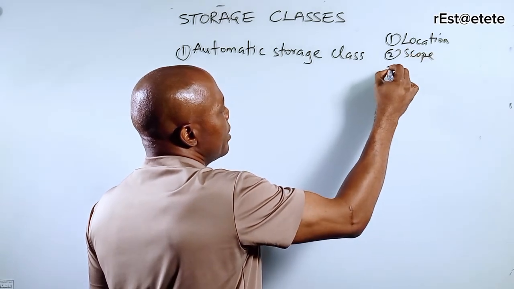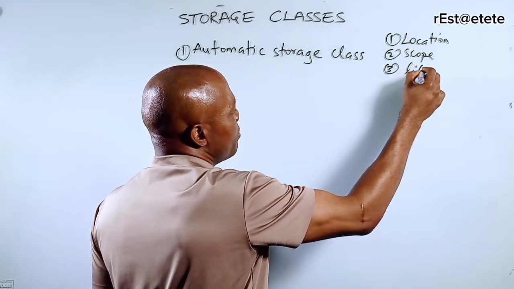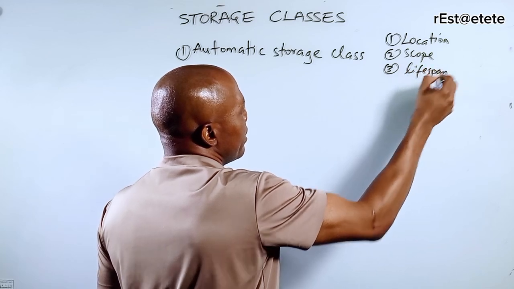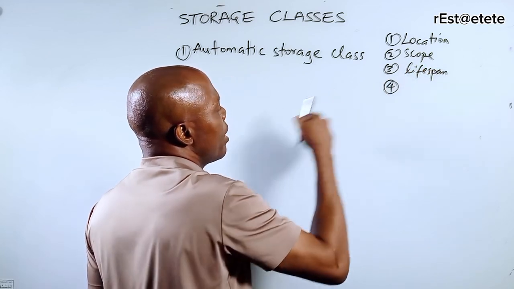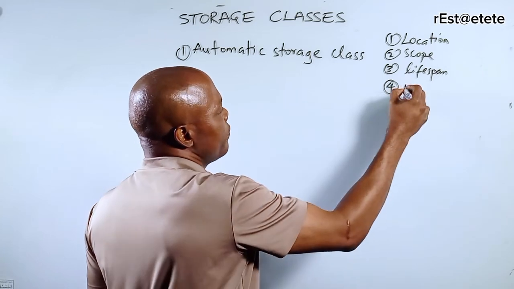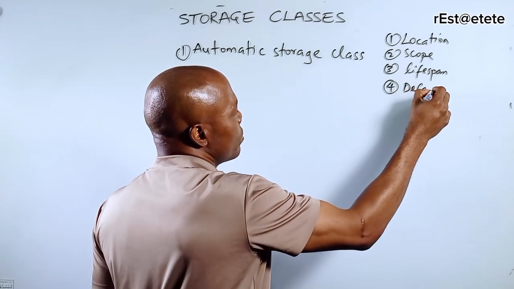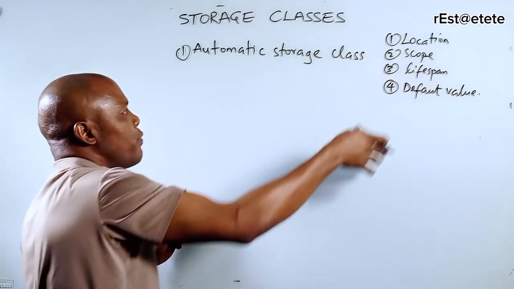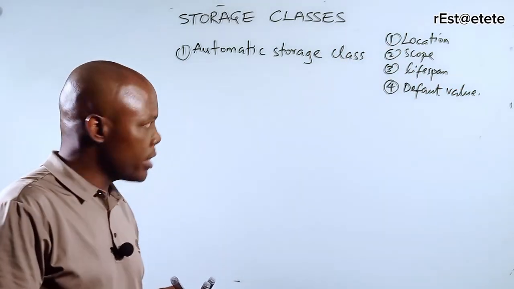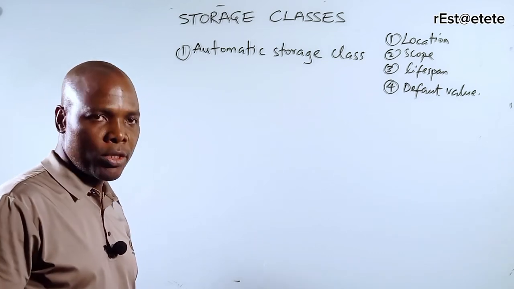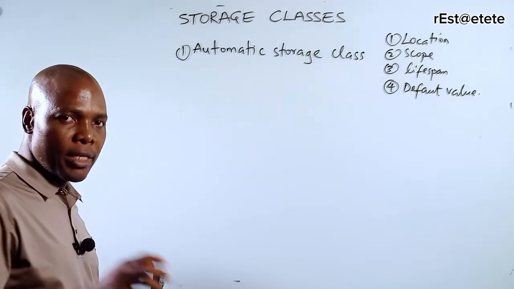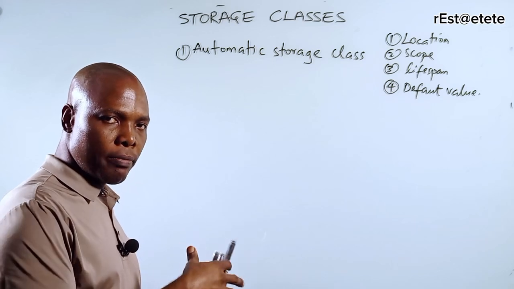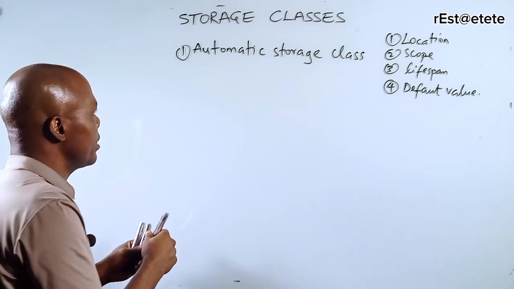Three, we'll look at the lifespan, and then four, we'll look at the default value. So these are the four things I'm going to use to explain this automatic storage class. So let's write a simple program with our C language to explain it.